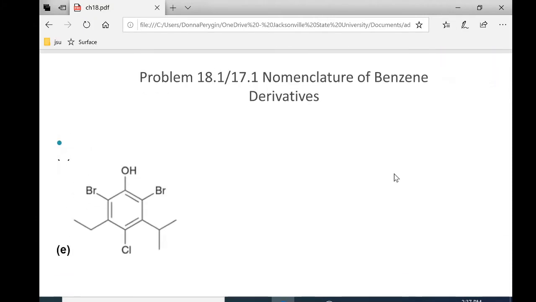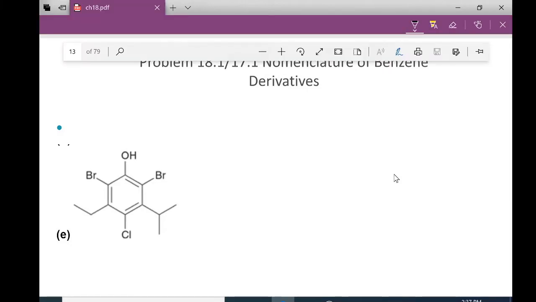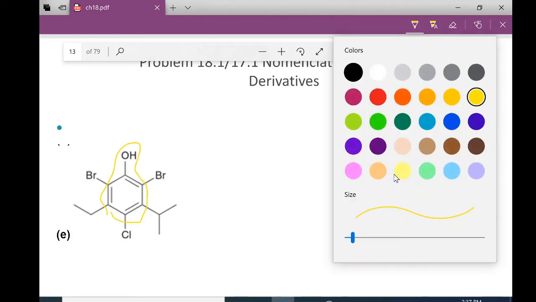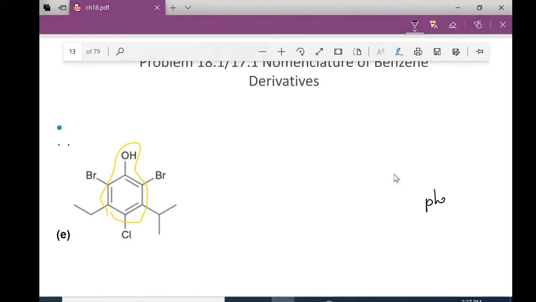Okay, so next we've got a bigger one, and let's see what we can do with this one. So can we identify a parent here? We can. The parent is phenol. So let's go ahead and write that down. All right, and that parent includes our functional group, so that goes at the end. Now we want to give our substituents the lowest numbers possible.